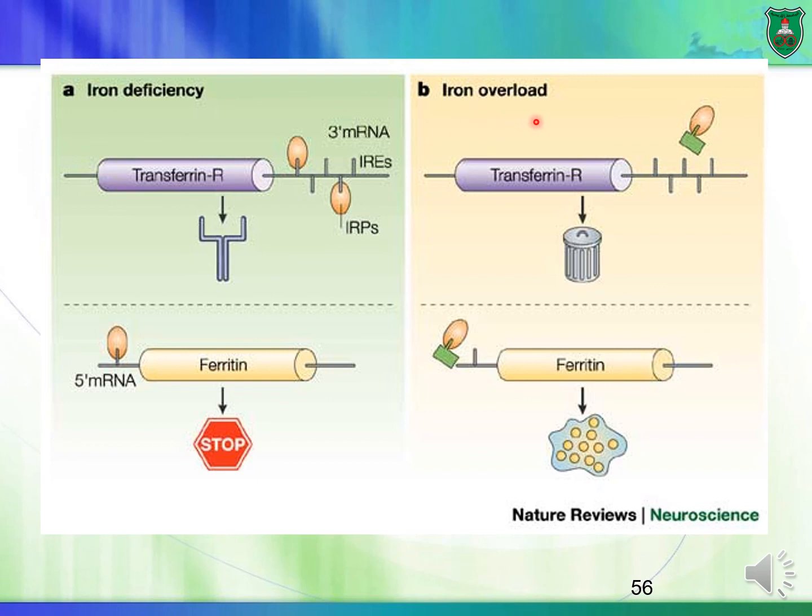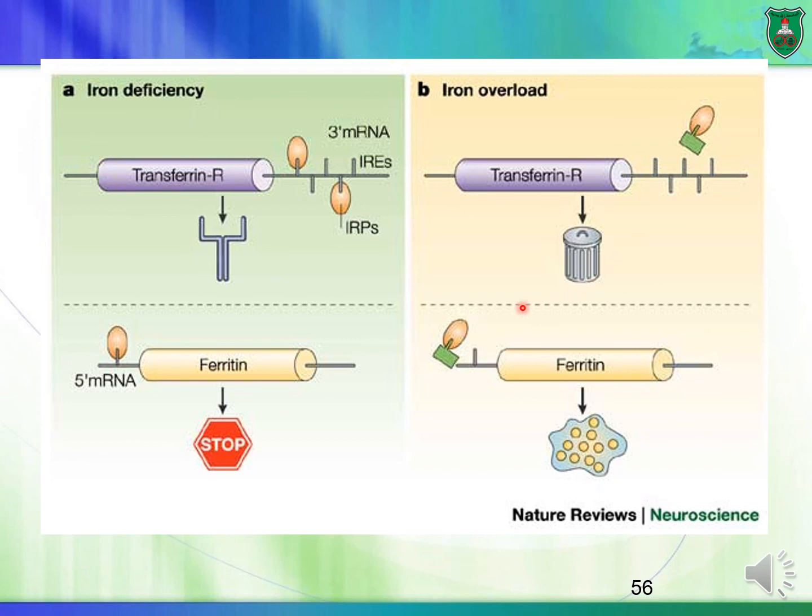If there's a lot of iron in the system, then it's time to store this iron in ferritin. And it's time to reduce the level of transferrin receptor because peripheral cells don't need iron inside them. So what happens is that iron would bind to the iron response element binding protein, releasing it from the 3' end of the messenger RNA of transferrin receptor, destabilizing the transferrin receptor messenger RNA, reducing the level of mRNA, resulting in the production of less transferrin receptor.